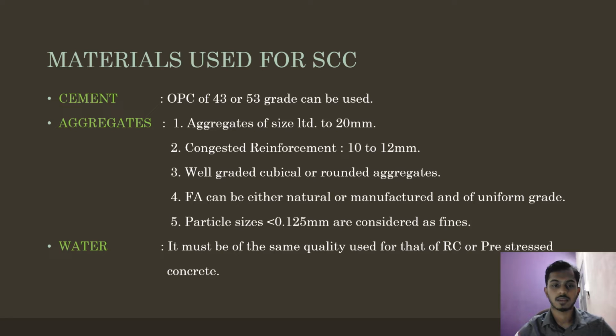Fourth one, FA can be either natural or manufactured and of uniform grade. The fifth one is particle sizes below 0.125 mm are considered fines. Third one is water. It must be of the same quality used for RC or pre-stressed concrete.